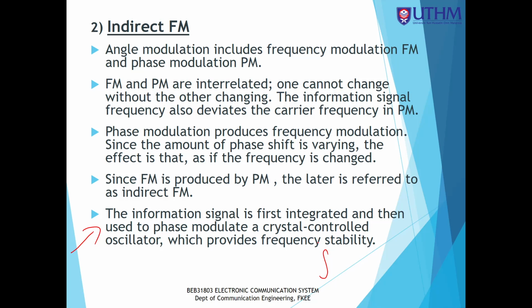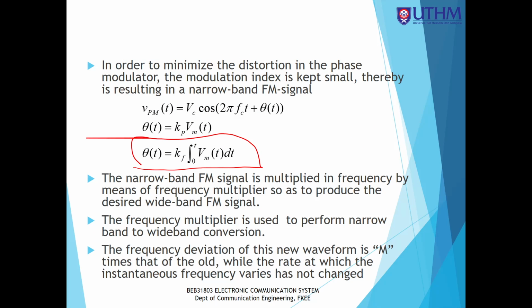Okay, that means you do the integral process of the theta prime t, okay, in order to produce a theta t. Okay, so dalam kes ini you akan menghasilkan PM. You will do the PM process, okay, which results in the narrowband FM signal.